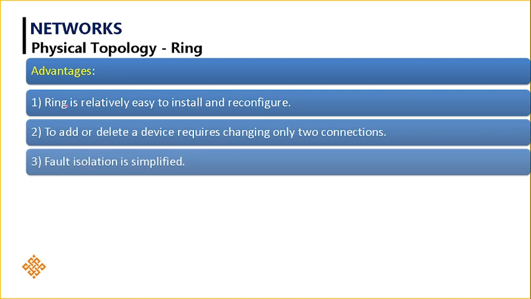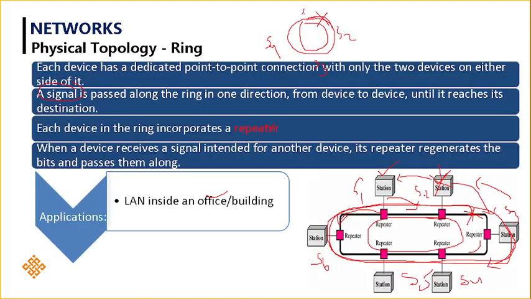Ring topology is relatively easy to install and reconfigure. There is not much problem. In order to add or delete a device, any node, it requires changing only two connections. For example, in the existing network, I want to add one more node like S7. Then this node should be known only to S6 and S1.